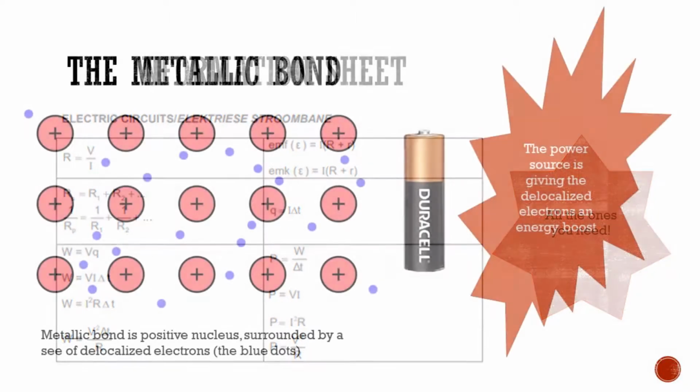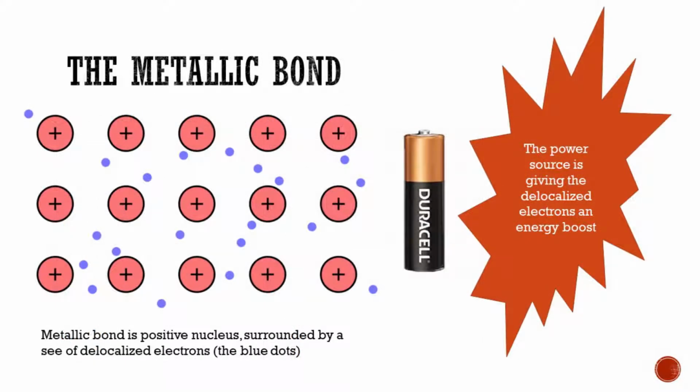So if we start on electricity, one thing we learned when we did chemistry now, we learned about a metallic bond, where we said a metallic bond is a positive nucleus surrounded by a sea of delocalized electrons. The blue dots in the picture here are the electrons. So what happens because these electrons are delocalized?